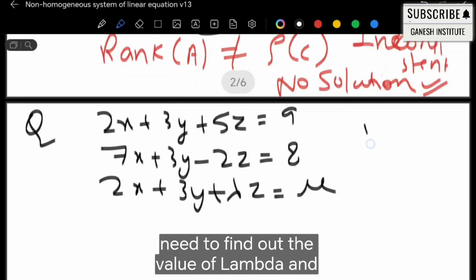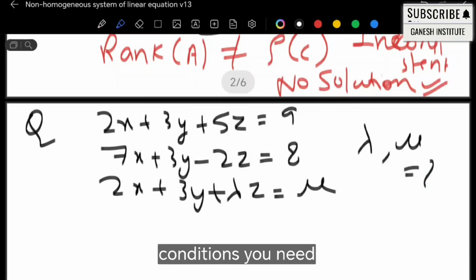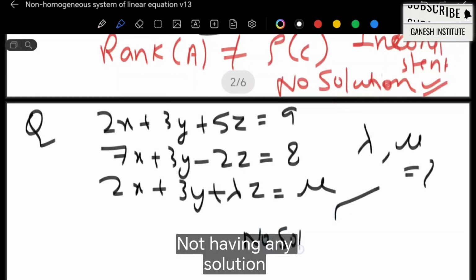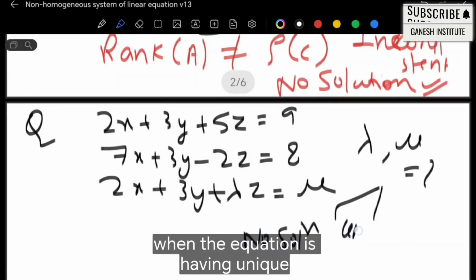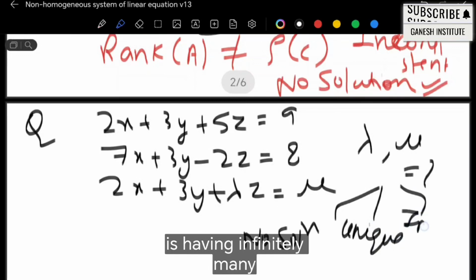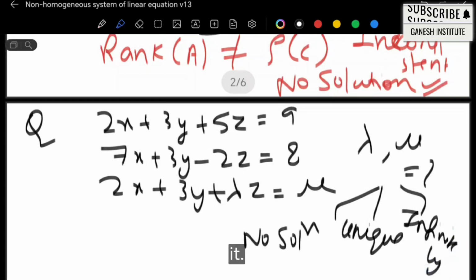You need to find out the value of lambda and mu. But you know what are the conditions? You need to find out the value when the equation is not having any solution, when the equation is having unique solution, and when the equation is having infinitely many solutions. Now how to do it?